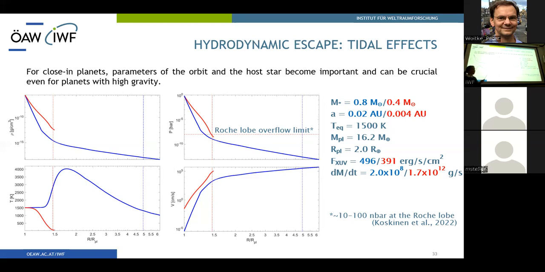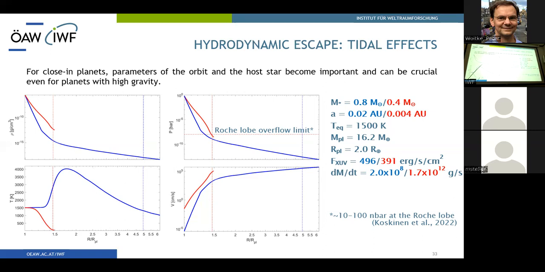But as we come closer to the star, the position of the Roche slope also comes closer to the planet, which is exactly what we see here. The blue line is the planet around the massive star, and there we have the classic case of XUV-driven atmospheric mass loss. But for the low mass star, the Roche slope of the planet comes very close to the surface. Here it is extremely close, 1.5 photospheric radii.